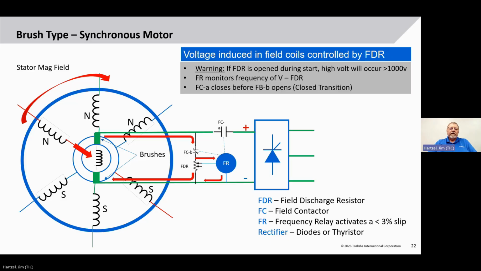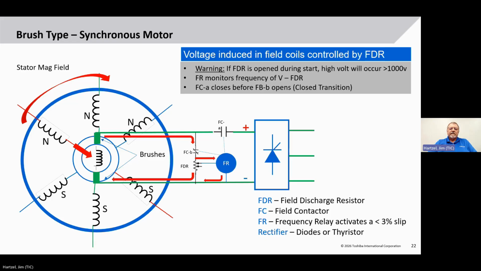We also have a relay here marked FR, frequency detect relay. And remember, as this is coming up, we have slip, right? We're not synchronized yet. And the faster the rotor turns, the less the slip. So the frequency of this current flow is proportional to the slip of the motor.